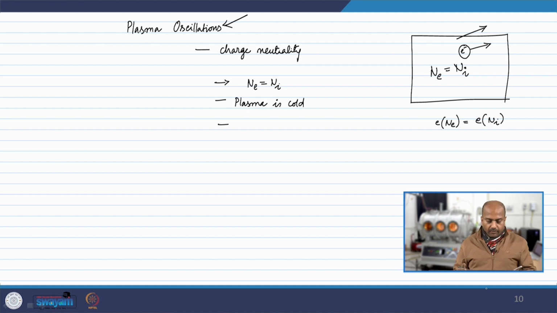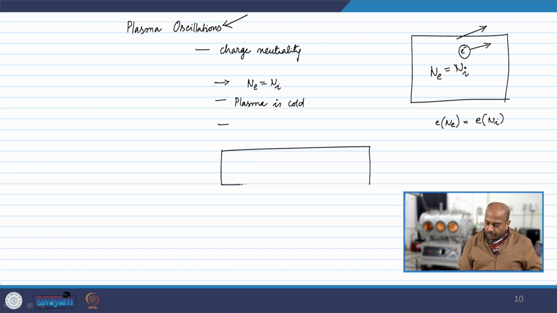Let us consider a strip of plasma. Before this perturbation, everything is neutral. Everywhere it is assumed to be an equal number of electrons and ions, and effectively there is no charge.